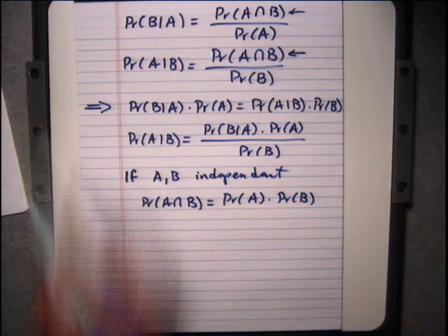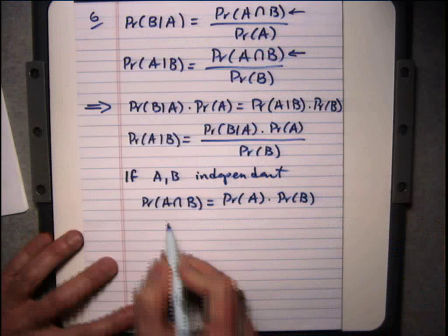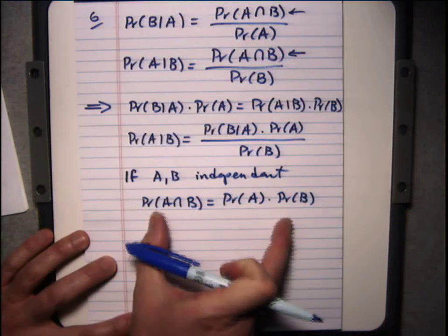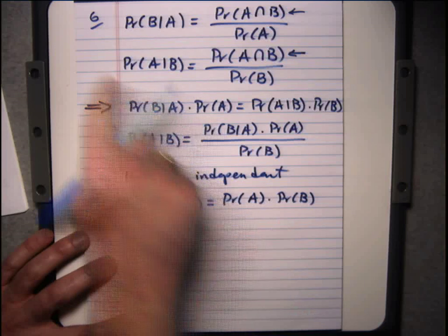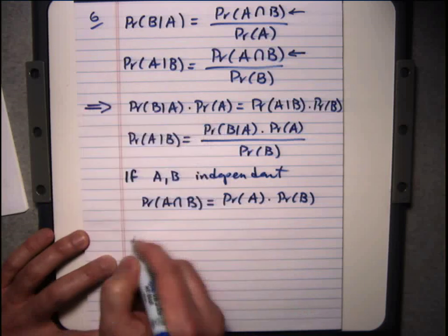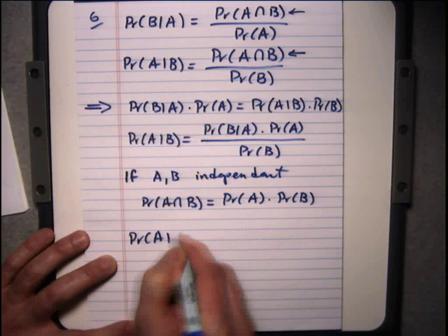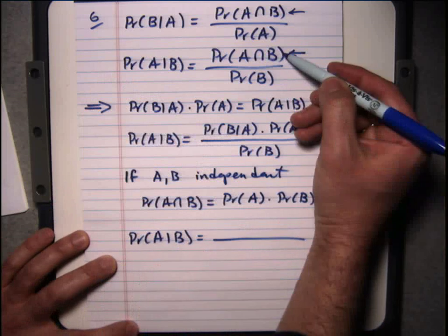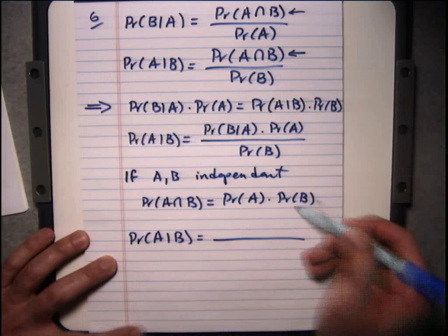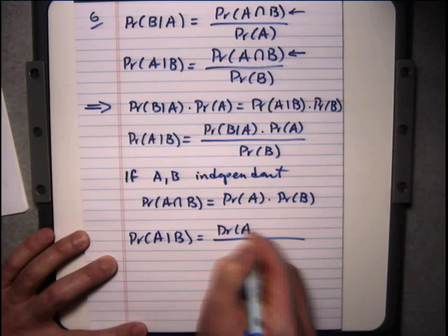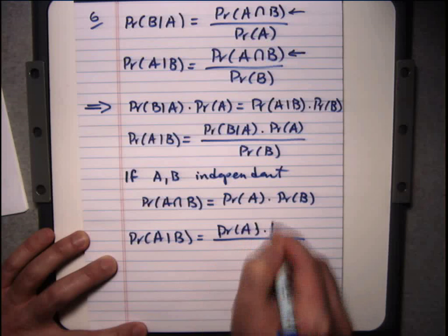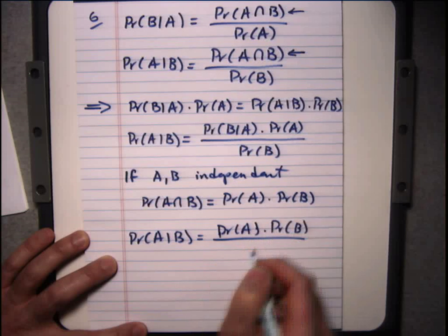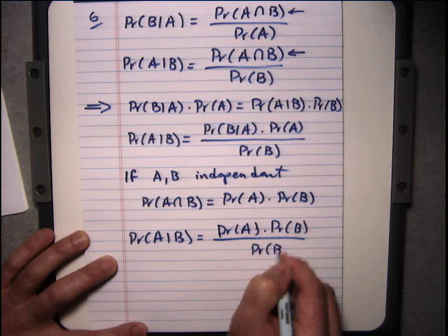So what does this mean? It means that if I now take this and I consider this, let's say in this expression here, what do I get? I get the probability of A conditioned on B is, the numerator is this guy, but I'm going to replace it with this. So I write probability of A times the probability of B, and then I divide by probability of B. And what do I get?